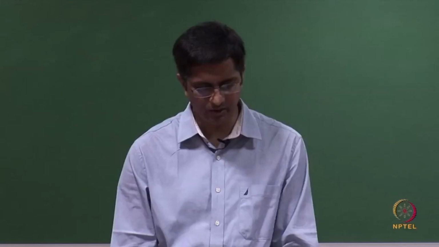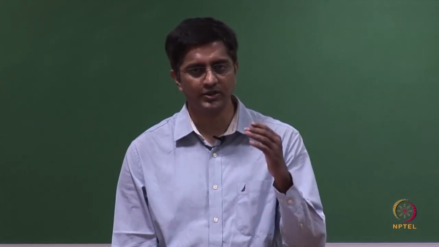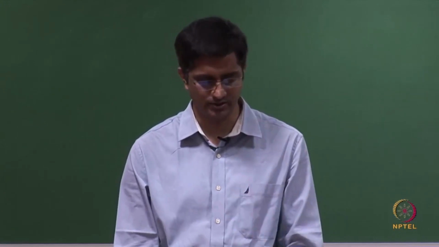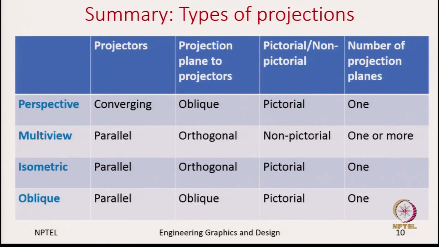Finally, in a table let us look at how these 4 projections are different from each other. On the rows we have perspective, multi-view, isometric and oblique projections. First, based on the projectors, we know that the perspectives are all converging, whereas the other 3, the multi-view, isometric and oblique, are all parallel.